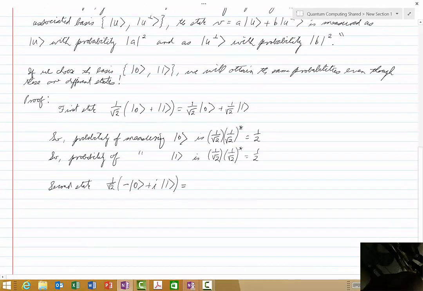And when we write that in terms of the 0 ket and the 1 ket, of course, we will get minus 1 over square root of 2 times the 0 ket plus i over the square root of 2 times the 1 ket.